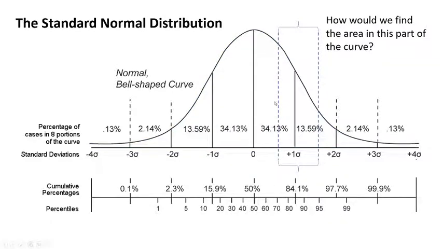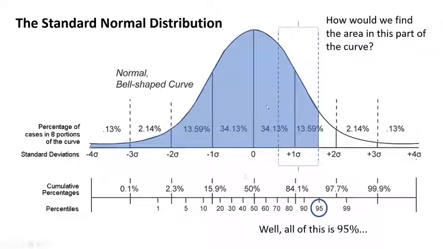Now let's do some more complex ones here. How would we find the area in this part of the curve here? Just this part, not extending in this direction or in this direction, just this part in here. Well, here's something to keep in mind. This portion all the way to the left is 95% of the total area under the curve.